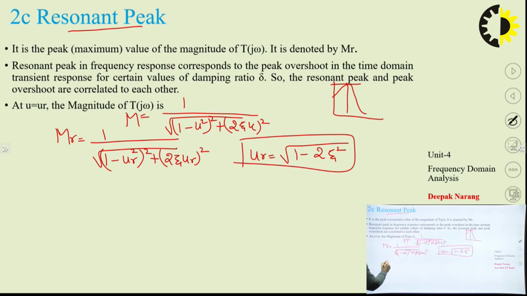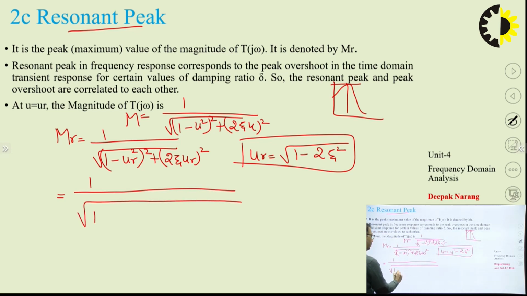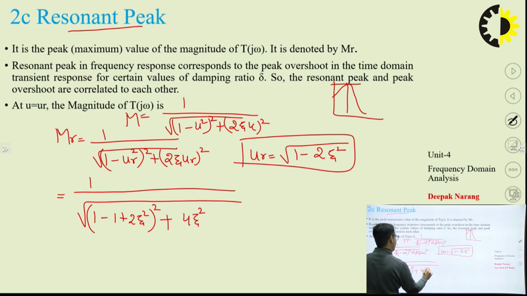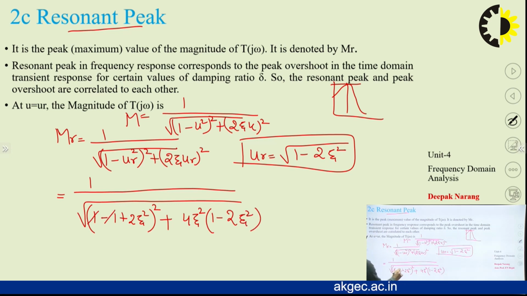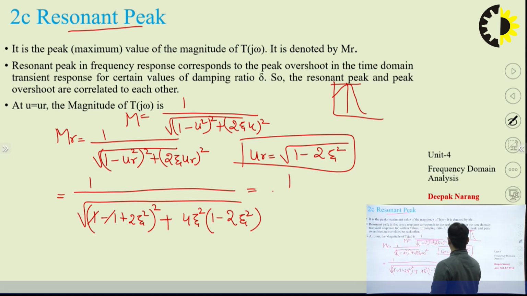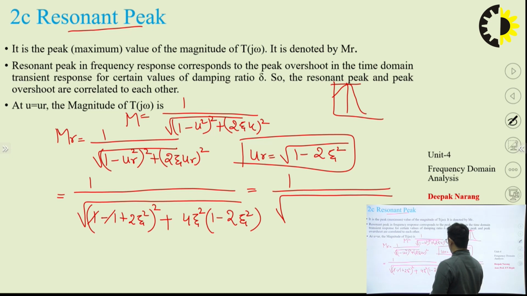By putting this value into this equation, we get 1 upon square root of 1 minus 1 plus 2 zeta square whole square plus 4 zeta square into 1 minus 2 zeta square, and this is equal to 1 upon square root of 4 zeta raised to power 4 plus 4 zeta square minus 8 zeta raised to power 4.